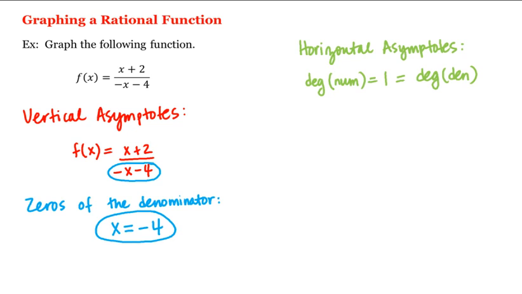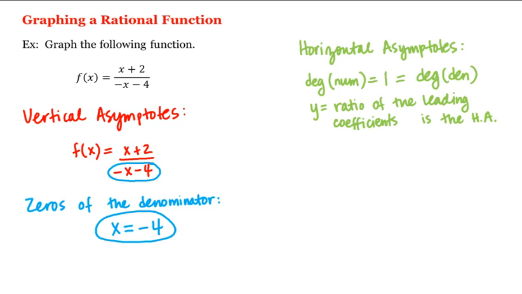And when this is the case, then y equal to the ratio of the leading coefficients is the horizontal asymptote.